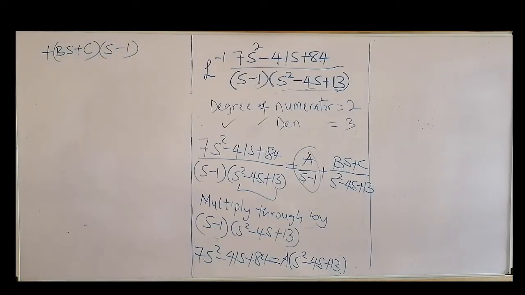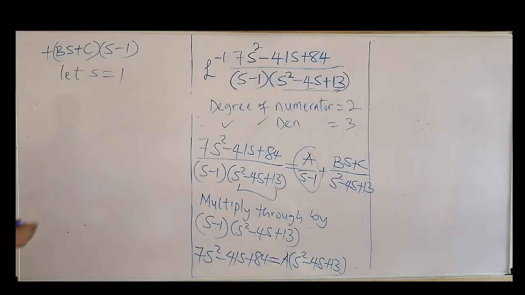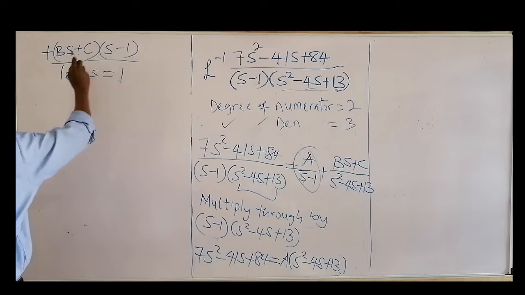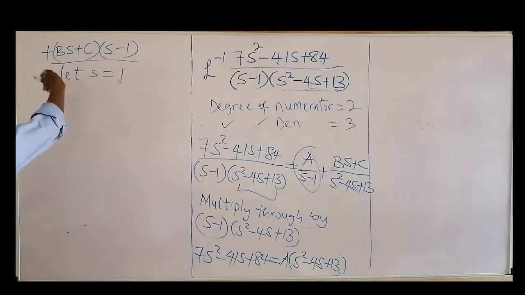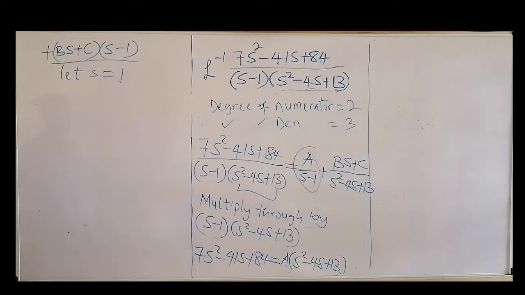What we are going to do now is find a way of cancelling some expression so we can get one of the constants. So let x be equal to 1. If x is 1, this whole expression cancels, since 1 minus 1 is 0 times this one. We want to get our a here.